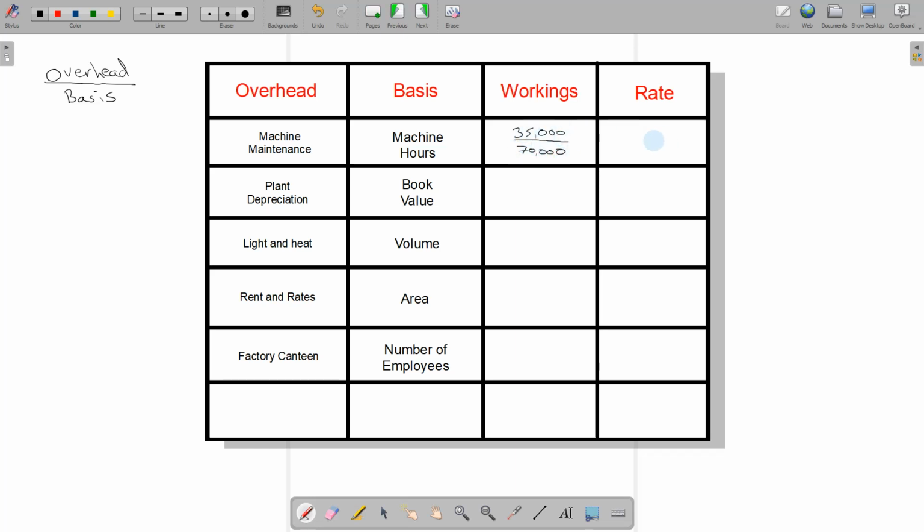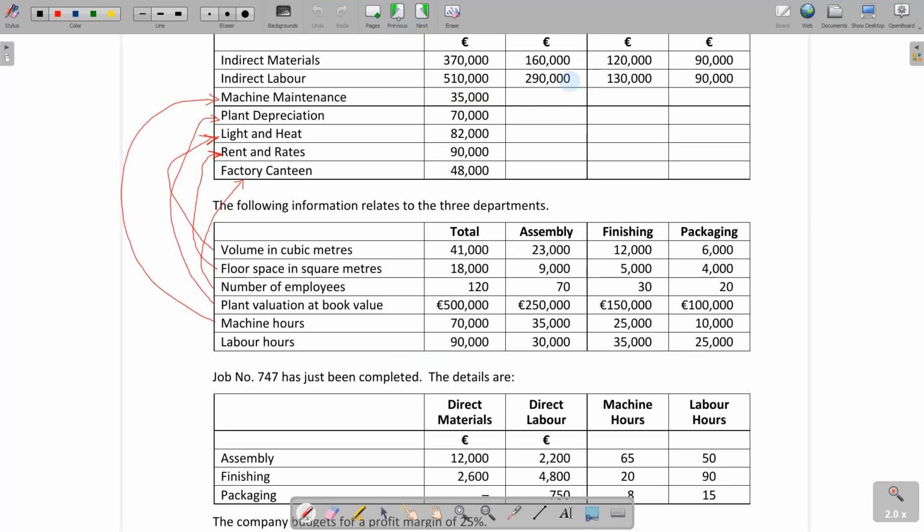If you put that into a calculator, you should get 50 cents, half a euro. So that means every machine hour that we have for assembly, 35,000, for finishing, 25,000 and packaging 10,000, we will have to charge an extra 50 cents on the job per hour to cover our machine maintenance, which is an overhead.